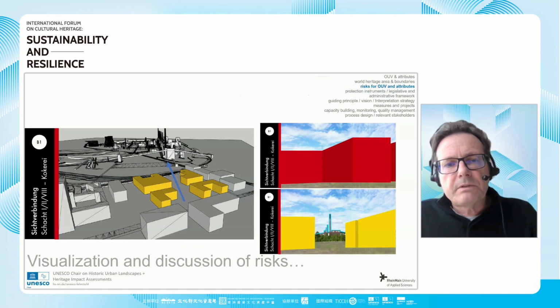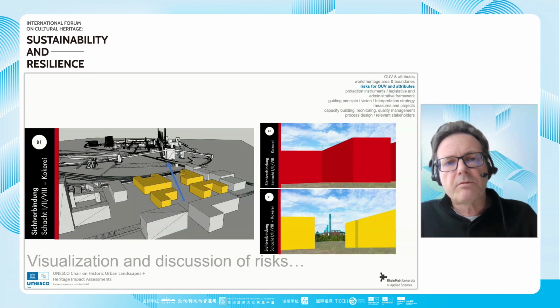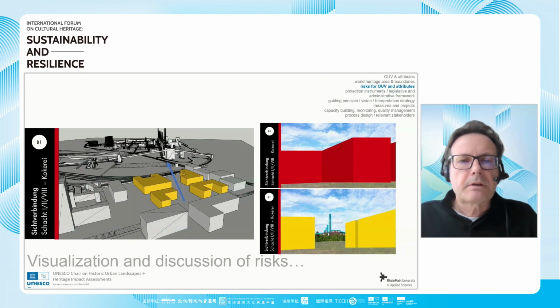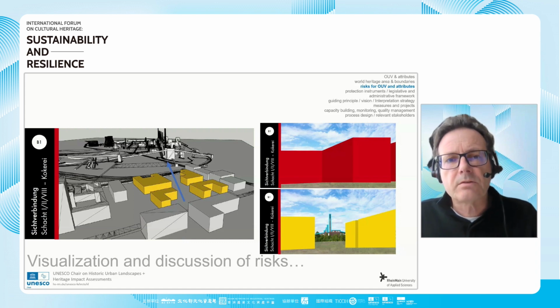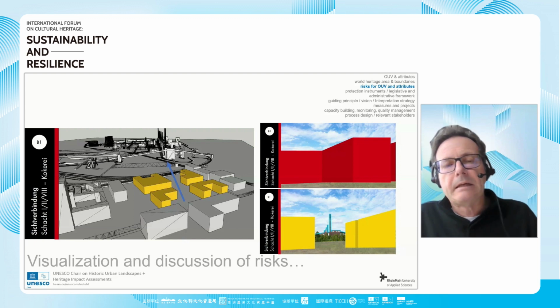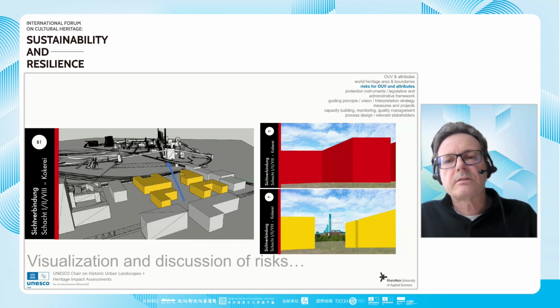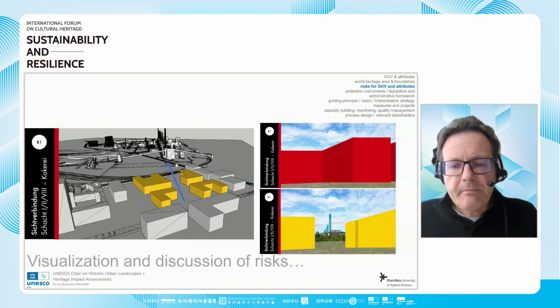Very often we use visualizations just to show what future transformations would mean to a heritage site. These are very basic visualizations, where we showed that some of the redevelopment plans would cause quite large changes to these visual relationships on the site, but also from the outside into the site. This immediately raised discussions between the different stakeholders, who of course had different interests in how to deal with this site.